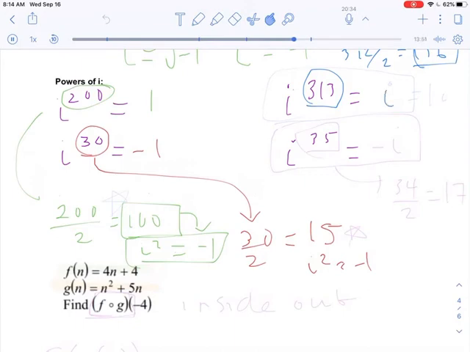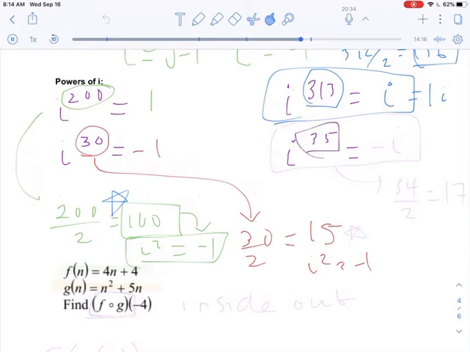So I'm going to have an i still in my answer. I just need to know if it's positive or negative. Remember, we said evens will give us a +1, so we're just going to have +1i. You can put that 1 in front of i, but you don't have to, because 1 times i is just going to give us i.